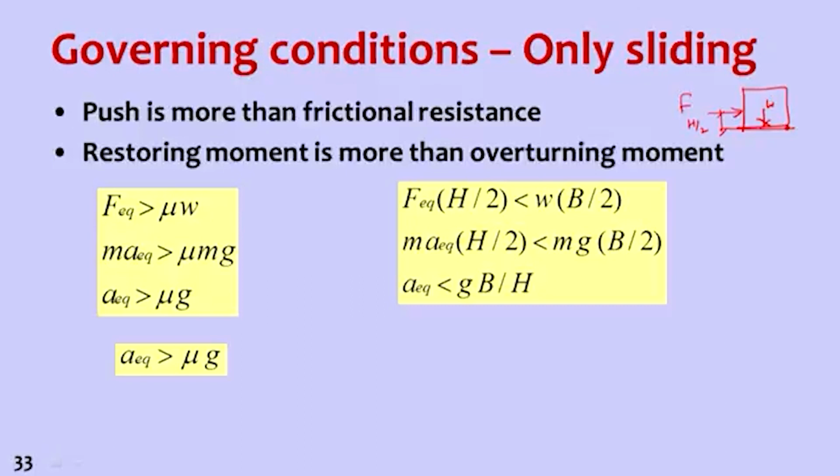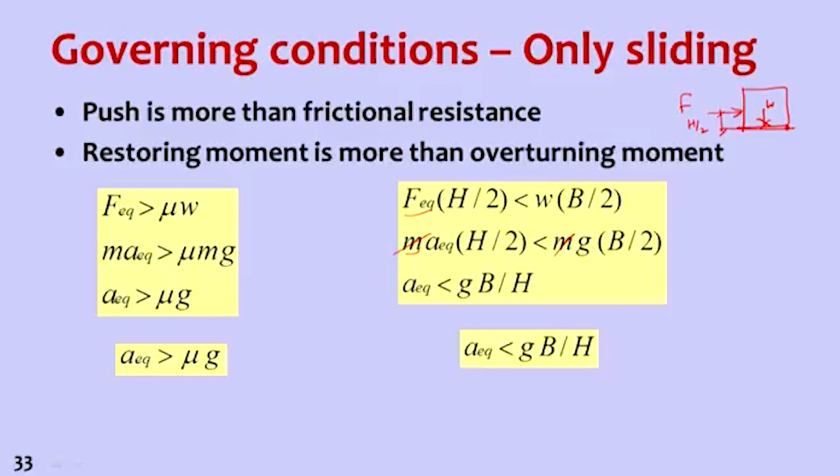So F into h by 2 should be less than W into b by 2. F is mass times earthquake acceleration, so m into A_Q into h by 2 should be less than m into g into b by 2. If you strike off m, acceleration should be less than g multiplied by the aspect ratio, where b by h is the aspect ratio. So acceleration less than g into b by h is the condition.